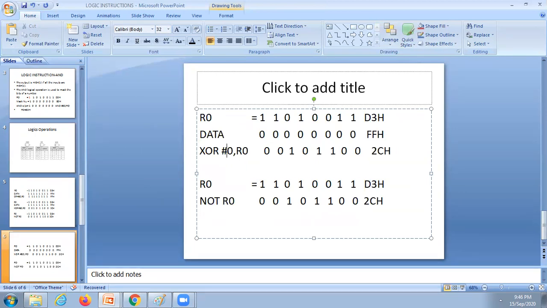Then what will be the output here? 0, 1: an odd number of ones, that is 1 here. Here both are zeros, meaning an even number of ones, so 0.